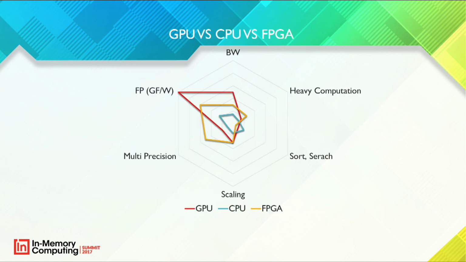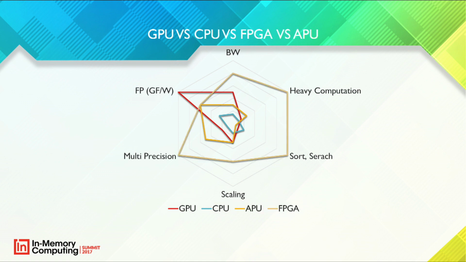If we look here, the red is a GPU that has very high performance in 32-bit floating point, but very bad scalability in multi-precision. On the other hand, some ASIC or FPGA designs have advantages in some cases, for example multi-precision.